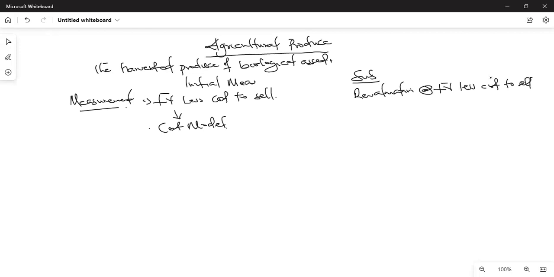If there is any revaluation at the end of the year, we are doing it at fair value less cost to sell, with any gain or loss posted to the P&L.